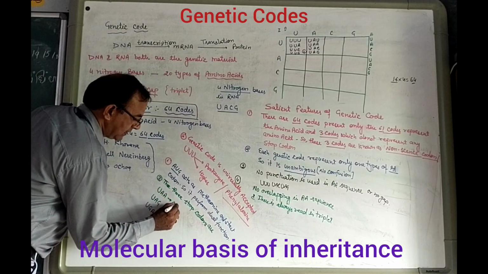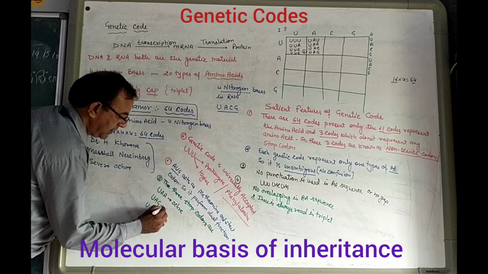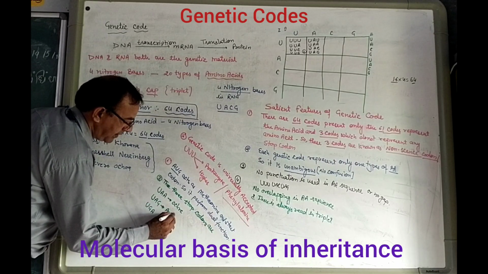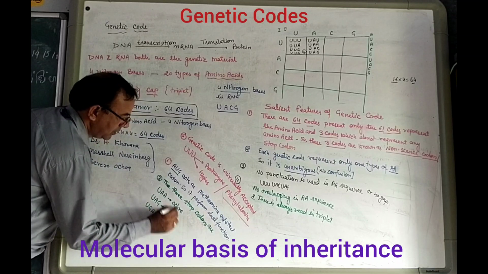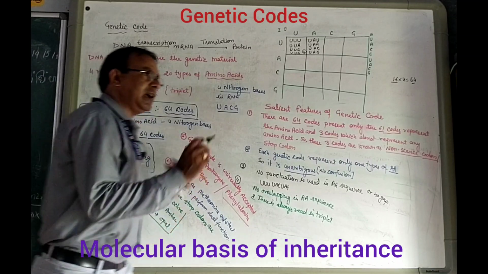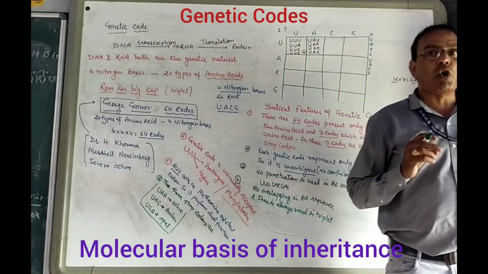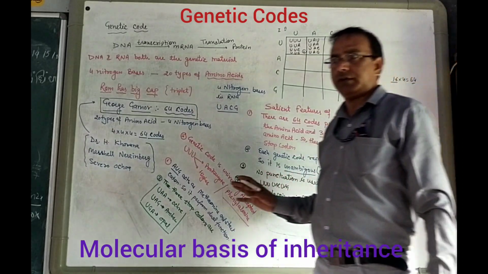UAA is known as ochre, UAG is known as amber, and UGA is opal. These three codes do not represent any amino acid, they act as stop codons. So they are known as nonsense or stop codons.